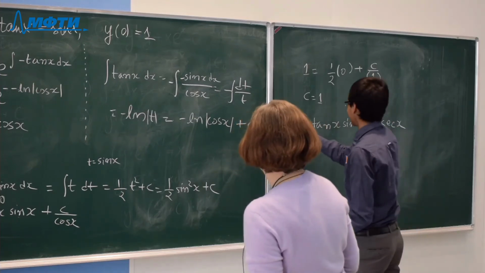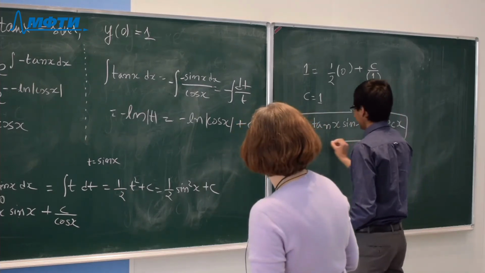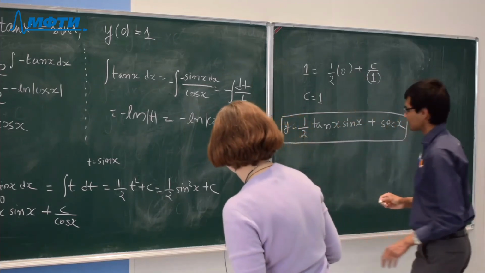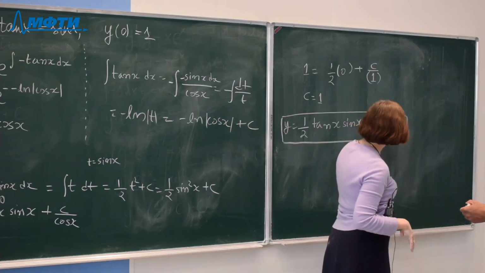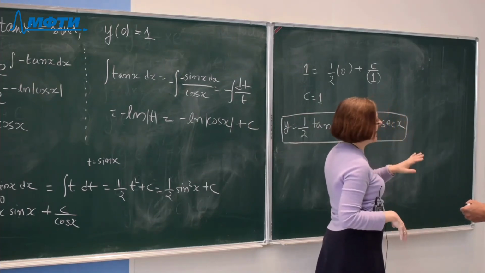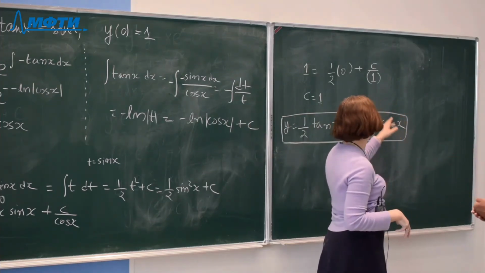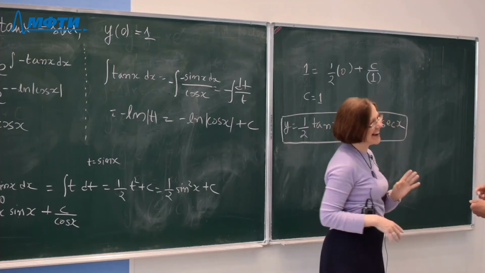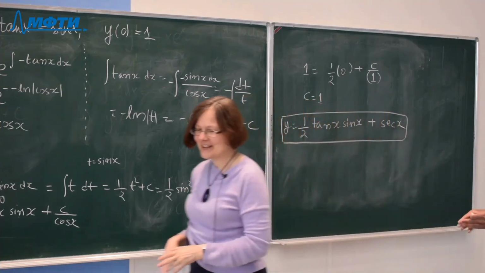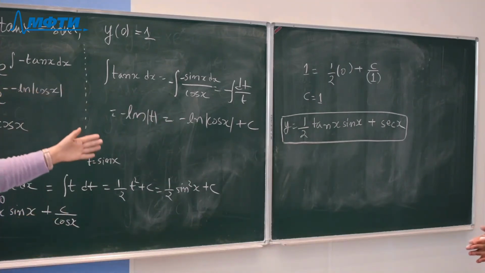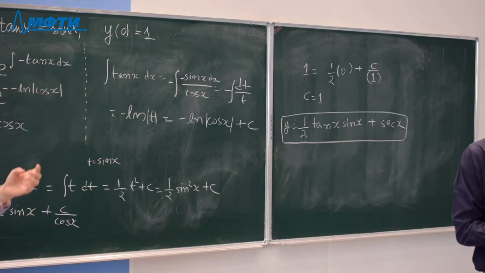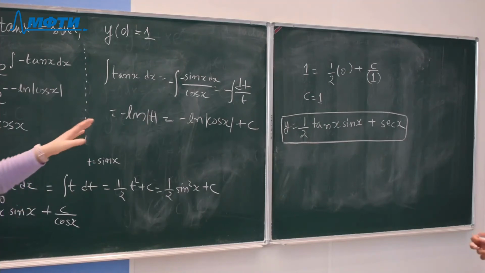In Russia, students do not like this function, but I know that foreign students use it, sec x, a favorite. I see. I have many foreign textbooks, and they use sec x. It is the usual practice to use this function.